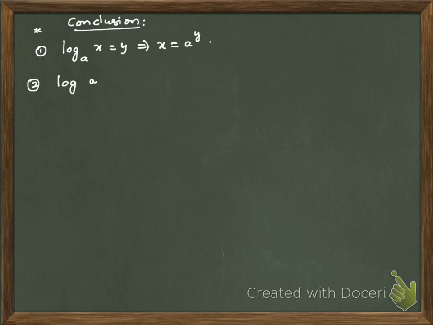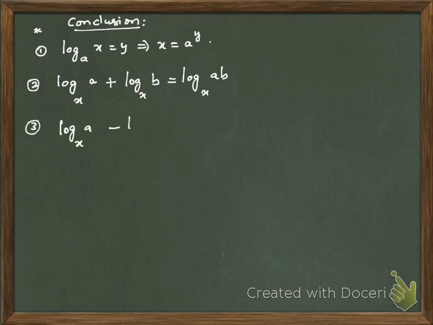And if you have log a plus log b to the base x, this can be written as log of ab to the base x. Log a to the base x minus log b to the base x will be log of a by b to the base x.